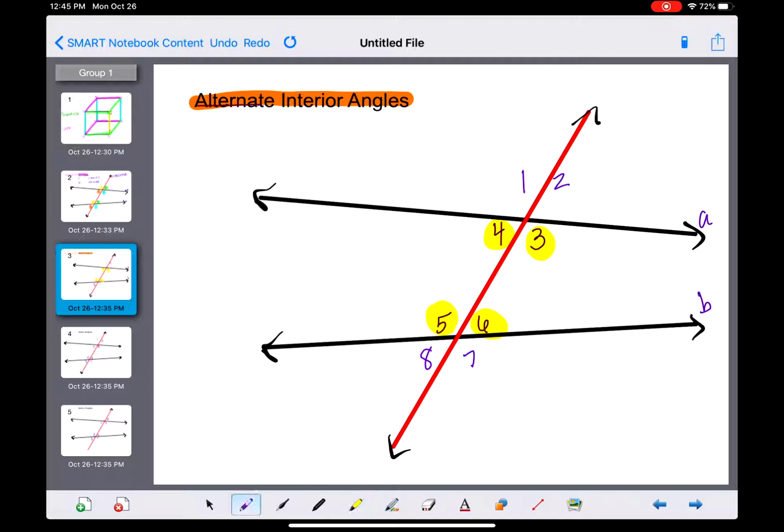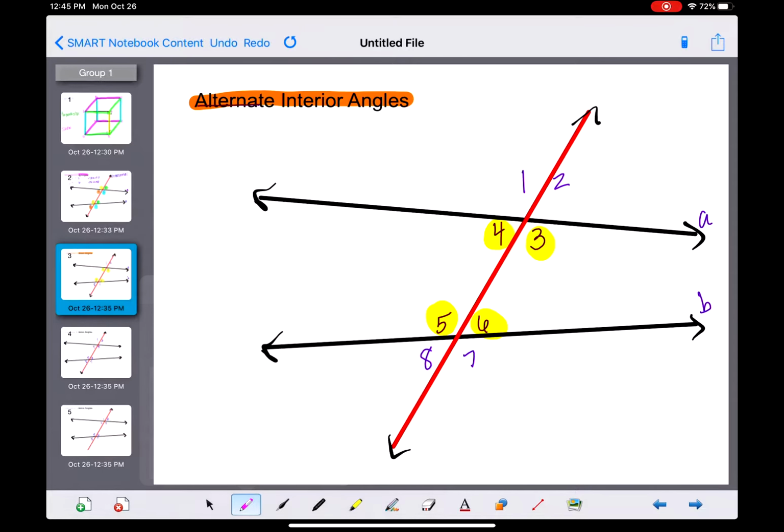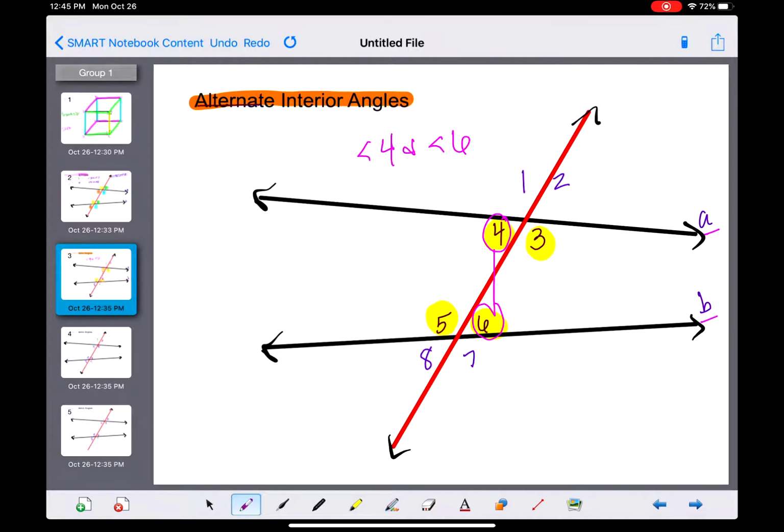So one pair of alternate interior angles that we have are angle 4 and angle 6. Notice that they are on opposite sides of the transversal. They're also on opposite lines of A and B. Our second set of alternate interior angles are 3 and 5.